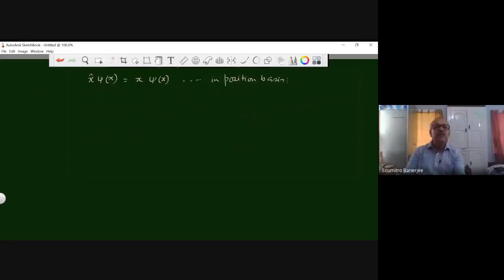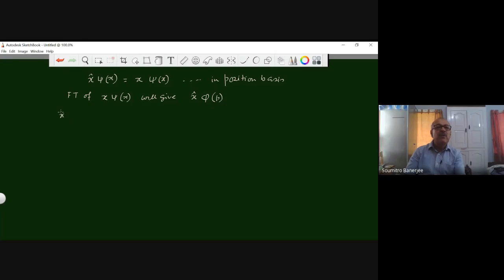Therefore, the Fourier transform of this should give the equivalent operator in the p basis. So, basically, the Fourier transform of x psi(x) should give the x operator in p basis, and this will give us what the x operator is. Okay, so let's try to do that.